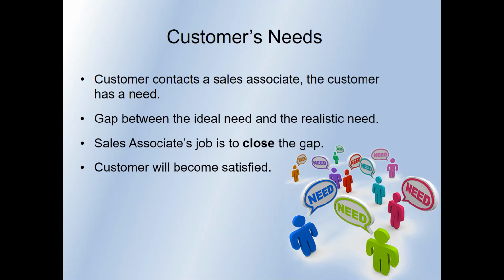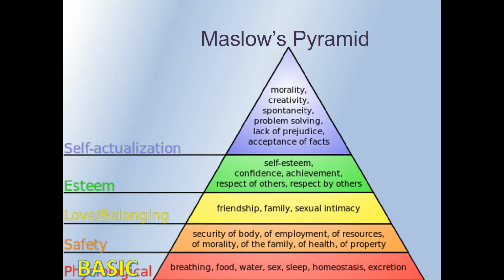So the sales associate's job is to close the gap between the ideal need and the realistic need, and this way the customer will become more satisfied. Idealistic needs will never be attained, and if the associate approaches the customer with an idealistic solution, the customer will not be satisfied and will return the product.